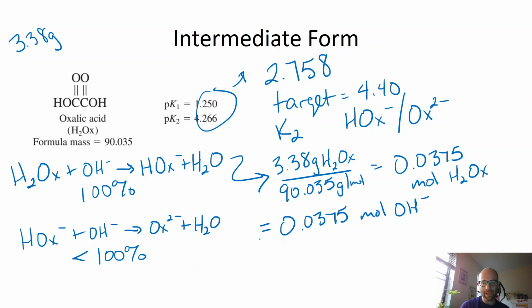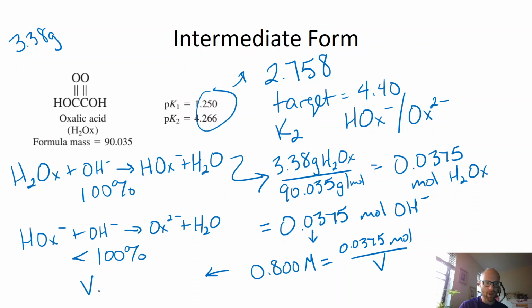To figure out how many milliliters that is, I knew that it was a 0.8 molar solution, I believe, so 0.8 molar, and from that we can calculate that our volume, we'll call it V1 because it's our first step, is equal to 46.9 milliliters.